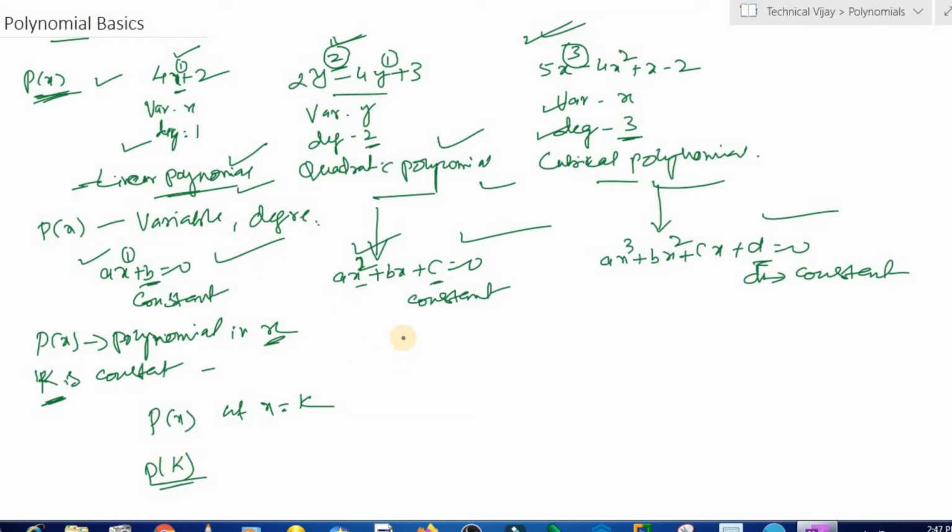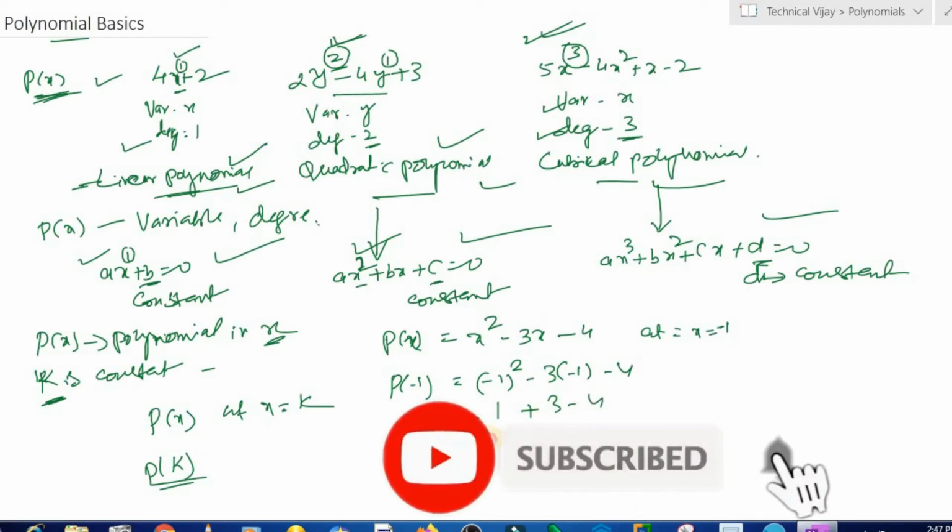Suppose for example p of x is equal to x square minus 3x minus 4. Suppose at x is equal to minus 1, we have p of minus 1 is equal to minus 1 square minus 3 into minus 1 minus 4. This is 1 plus 3 minus 4, which is equal to 0.